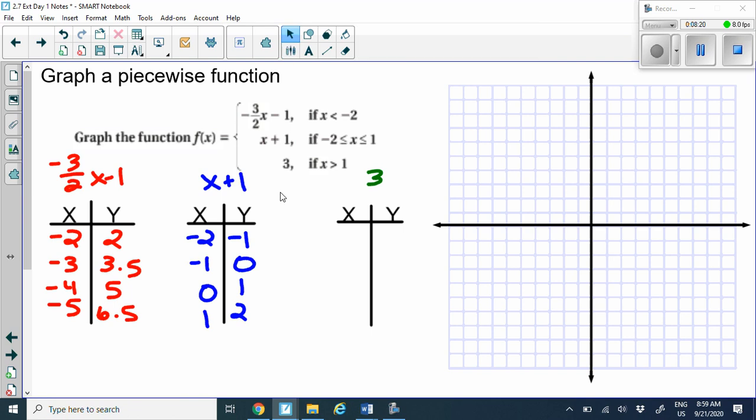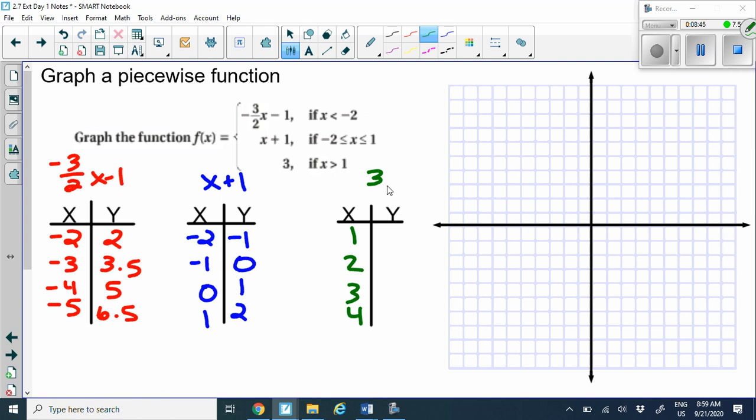Okay. Lastly is going to be our 3. So for our x, notice we have x is greater than 1. We have to put 1 in our xy table. Remember, no gaps. So whatever that restriction is, you need to plug that into there. Now I need to find numbers that are greater than 1. So that could be like 2, 3, and 4. Now you might be wondering, but there's no x here.